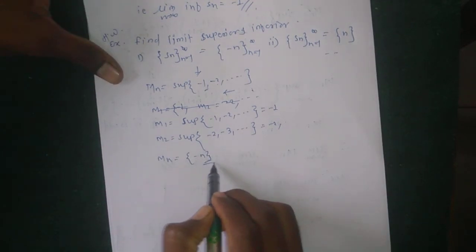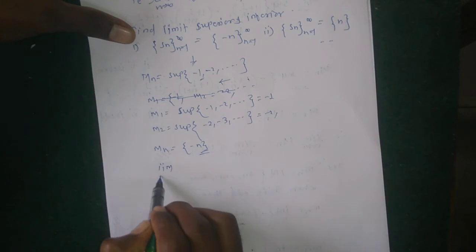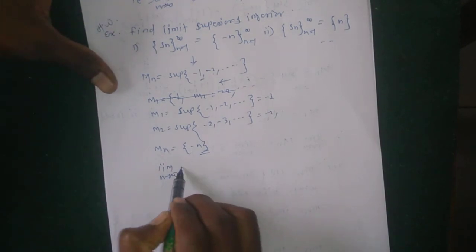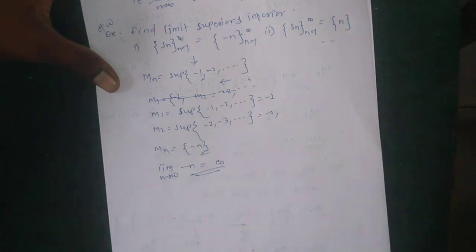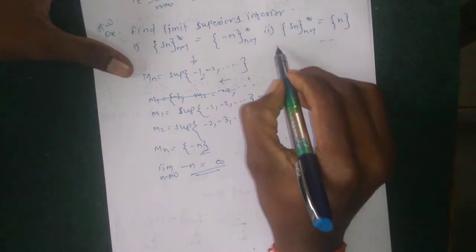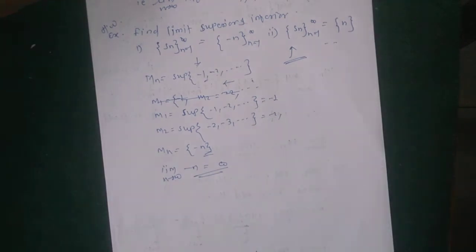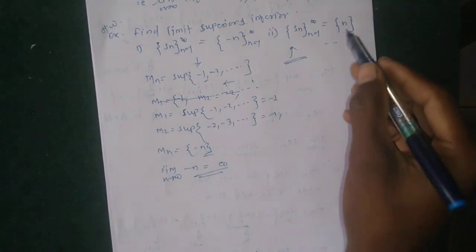Therefore the limit as n tends to infinity of minus n is infinity, so the limit does not exist. Similarly, find it for this; in this way their limit also does not exist.